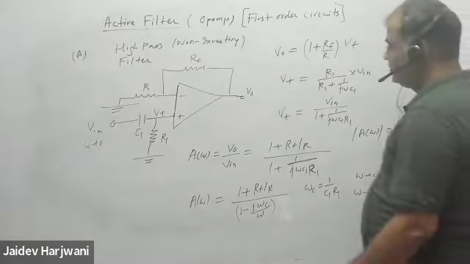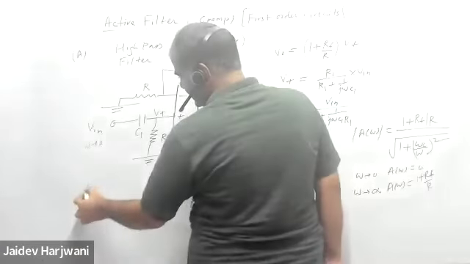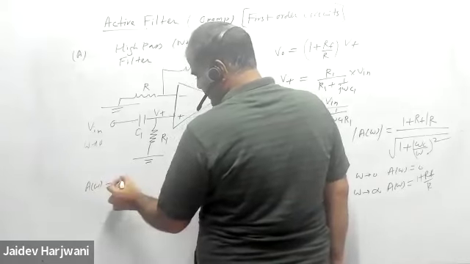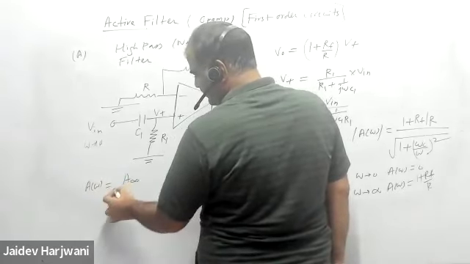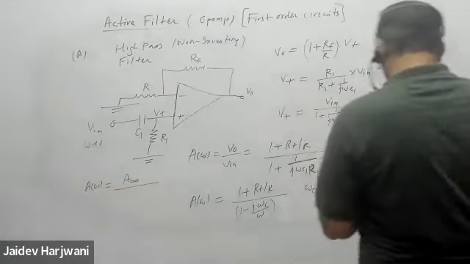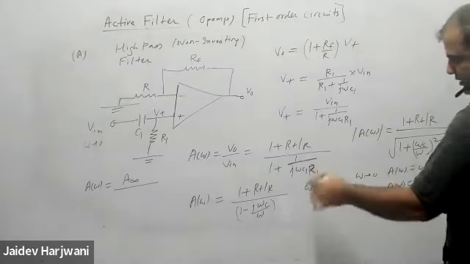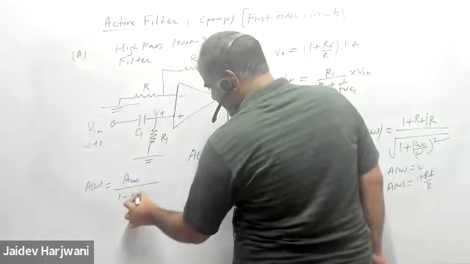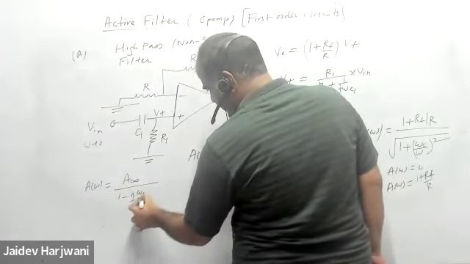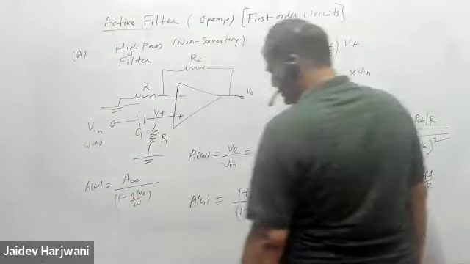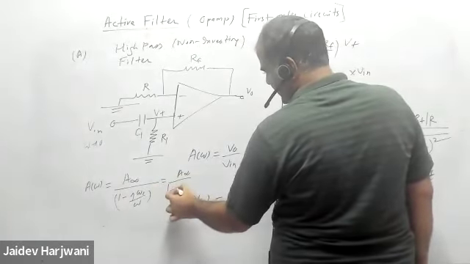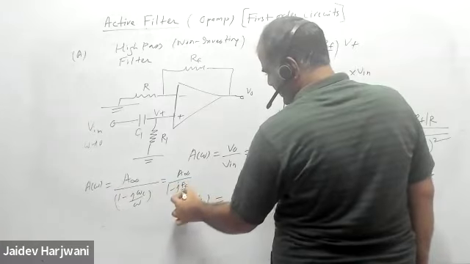So also, if you want, you can express A omega. This is the gain at infinite frequency, 1 plus RF by R. And you can express this formula as A infinite times 1 minus J omega C by omega, or A infinite times 1 minus J fC by f.